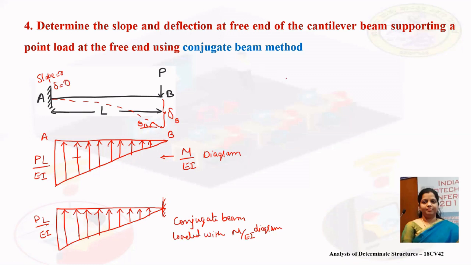Now according to conjugate beam theorems, maximum deflection will be equal to maximum bending moment and the slope will be equal to shear force. First let us compute the slope.